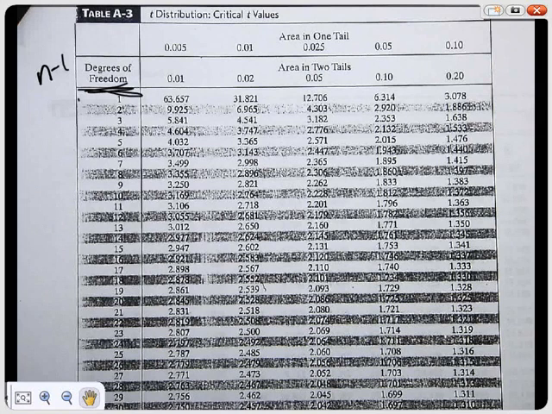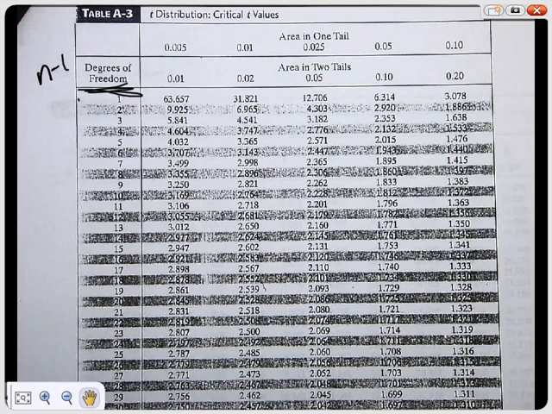Okay, I'm sorry. That was wrong. That was wrong on so many levels. Minerva, anytime I call on you and I say, what's the degrees of freedom? You have to say n-1. Did you hear that on the video somewhere? Okay, you're just that smart. Okay, so anytime I say, Minerva, the degrees of freedom is, you say? n-1. Very good.